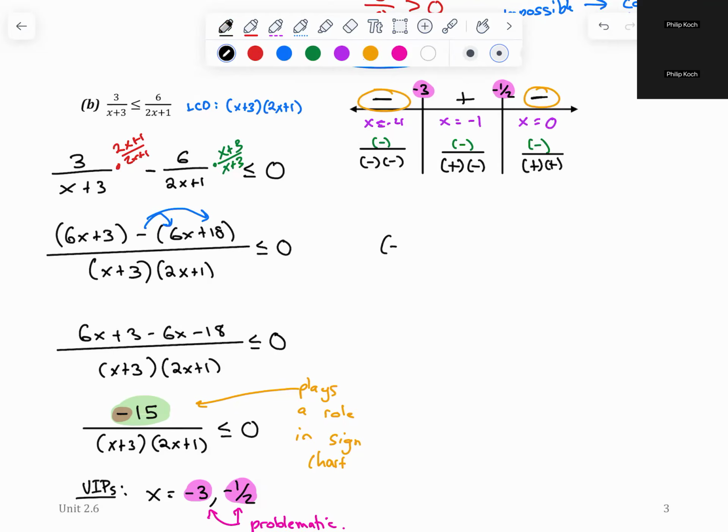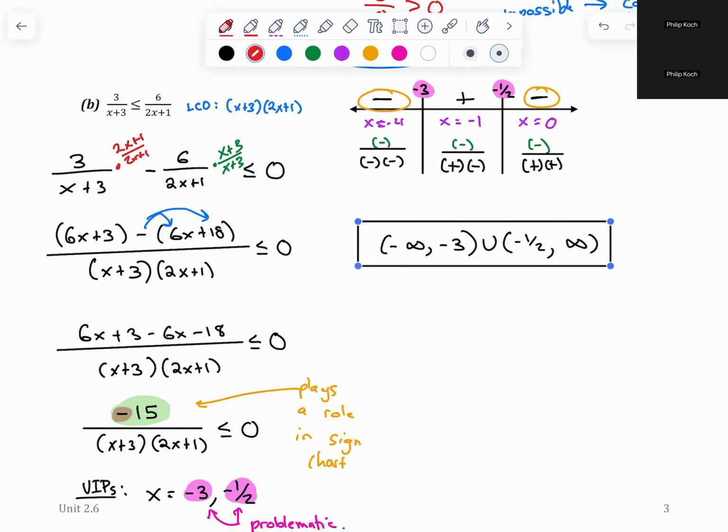This will be parenthesis -infinity to -3 union -1/2 to positive infinity. And you can add that comment if you'd like: because they make the expressions in the inequality undefined.